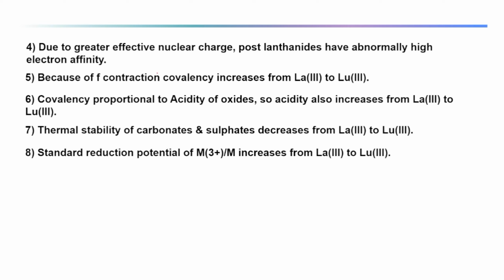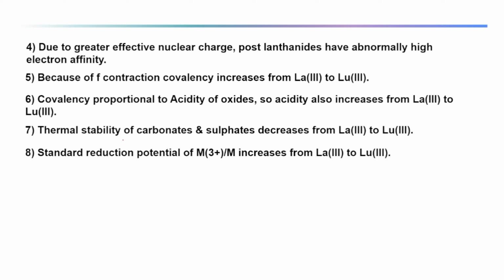Now because of f contraction, covalency increases from lanthanum to lutetium. As the size becomes smaller and smaller, it tries to make covalent bonds. It will not try to make ionic bonds because it will not give up the tightly bound electrons. Covalency is proportional to the acidity of oxides, so acidity also increases from lanthanum to lutetium.